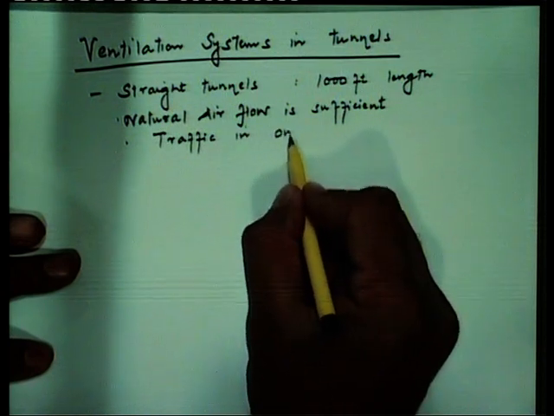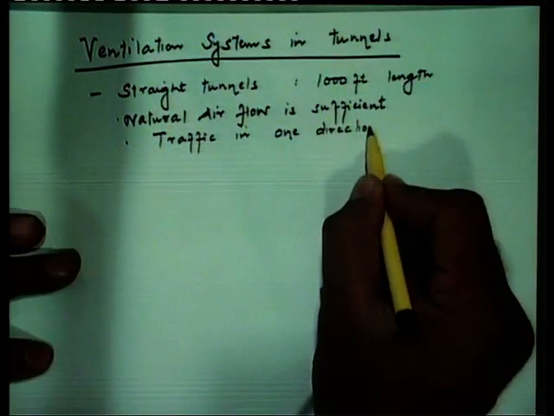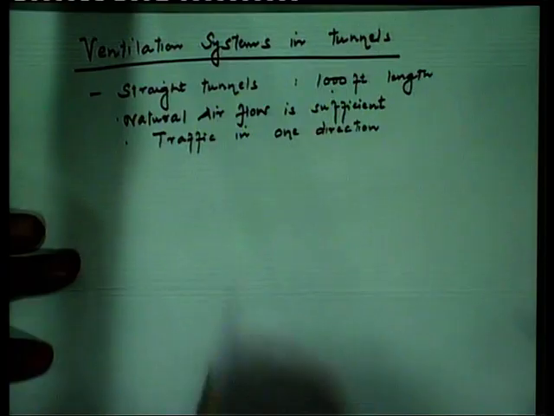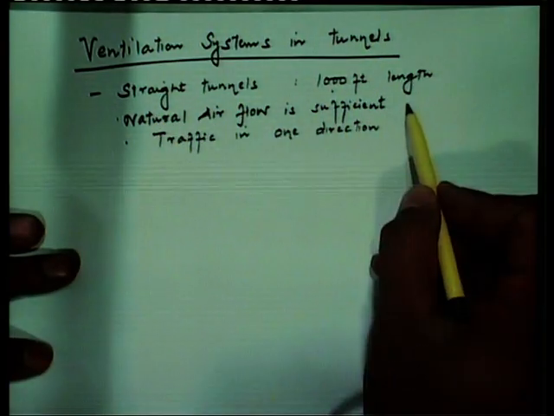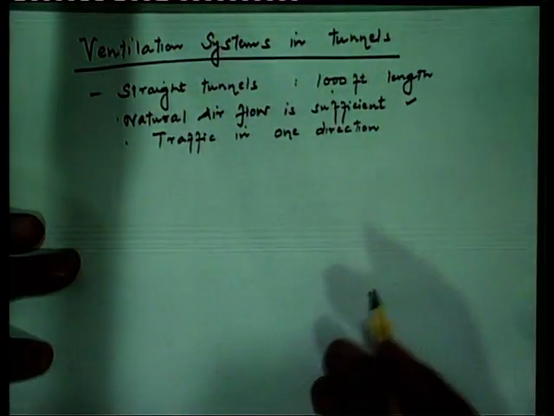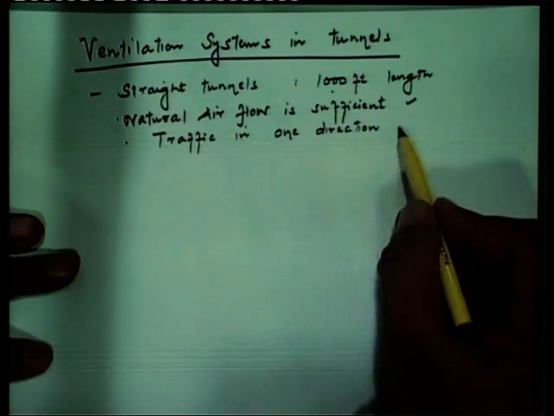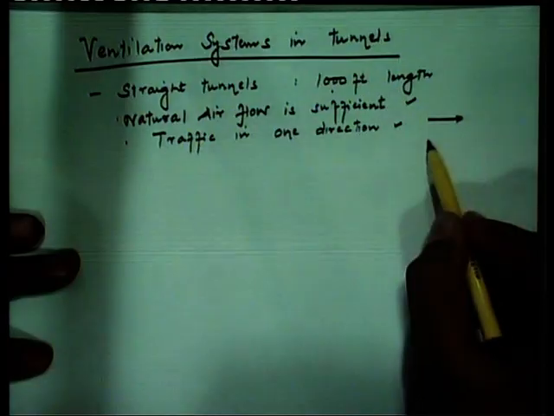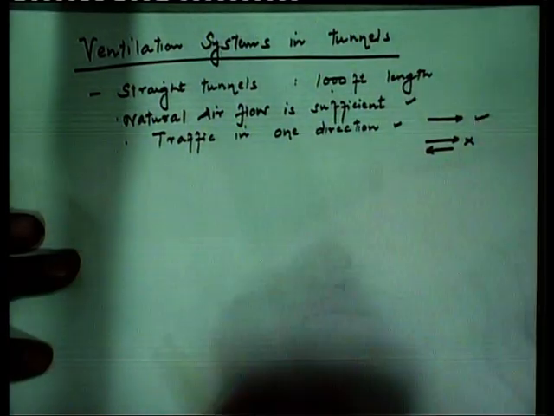I repeat, in the case of straight tunnels of about 1000 feet, the natural ventilation, the first type, the natural airflow, is sufficient. We don't need any artificial systems. And this is also when the traffic is in one direction, it's not both-way traffic, it is one-way traffic.